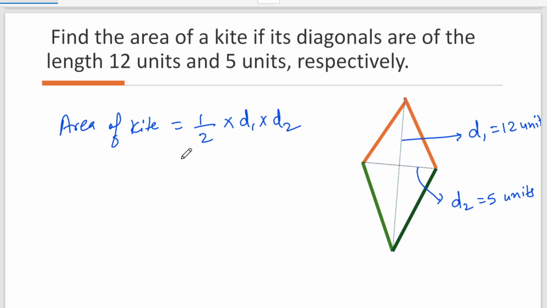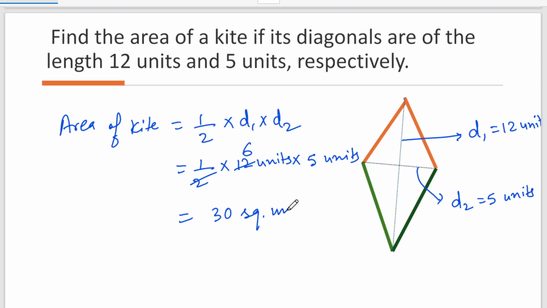So, we can calculate here 1 by 2 into 12 units into 5 units. That means we have got 30 square units as your answer.